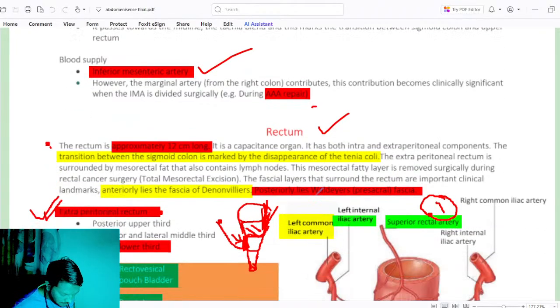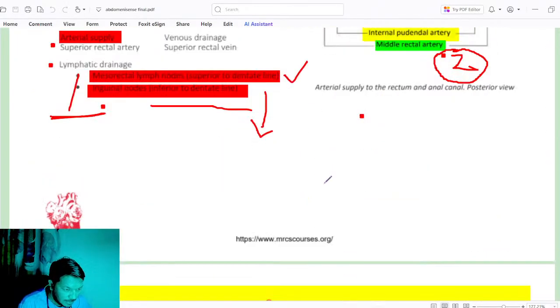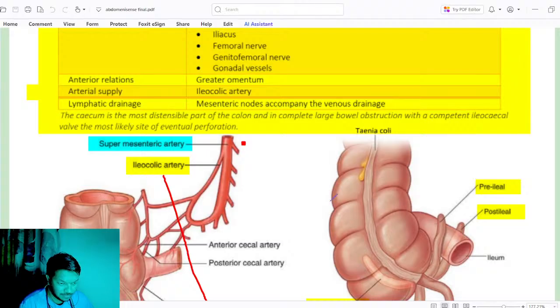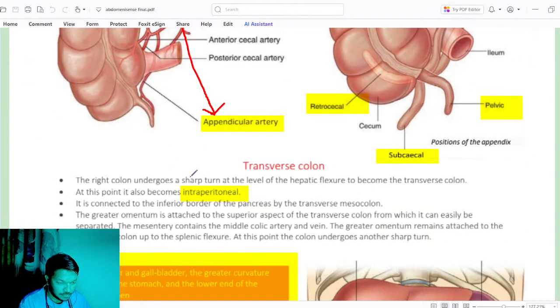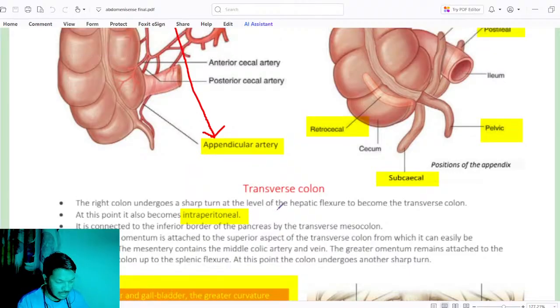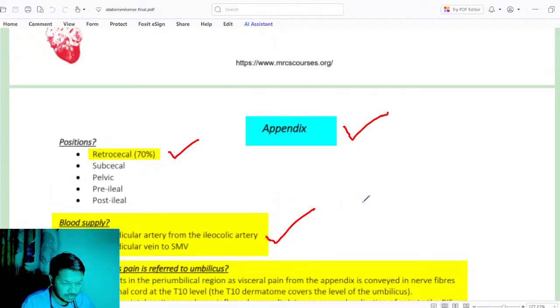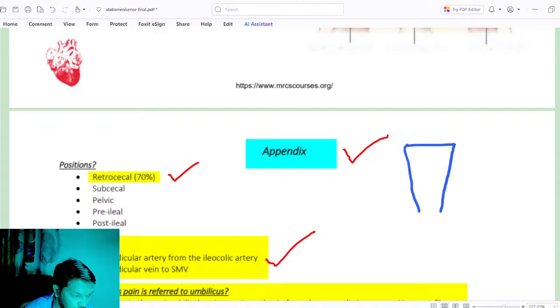Very good. Okay. And the peritoneal relation of the rectum.